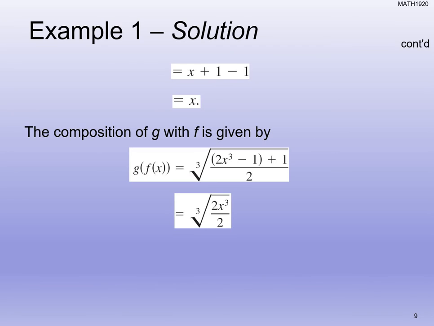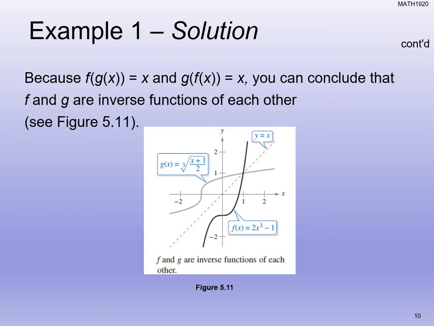The 2's cancel, so we have the cube root of x cubed, and the cube root and the cube cancel, and indeed we get x. So we've concluded that f of g of x equals x and g of f of x equals x. Now we can conclude that these functions are inverses of one another.